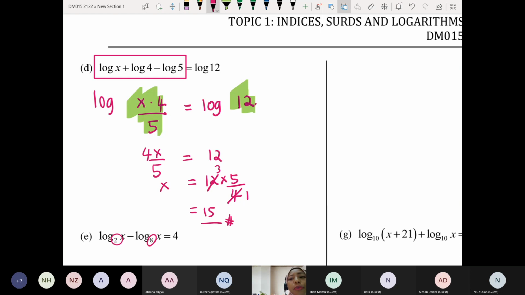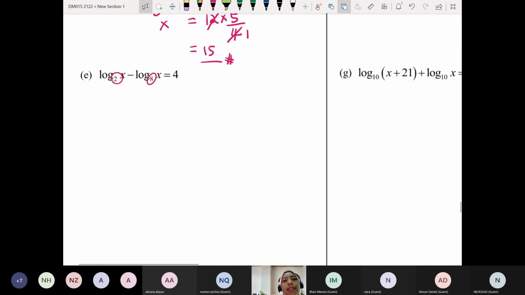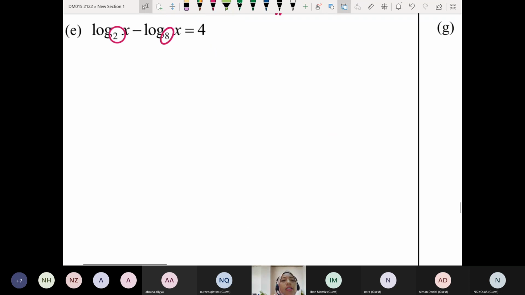Okay, I tunjuk macam mana kalau base dia tak sama. Kita kena samakan lah. 2 never ever can be 8. Tapi 8 boleh jadi base 2. Sebab tu you kena ambil base yang terkecil. Okay, kalau 8 dia adalah 2 to the power of berapa? 3. Yes, exactly. Itu yang kita nak.